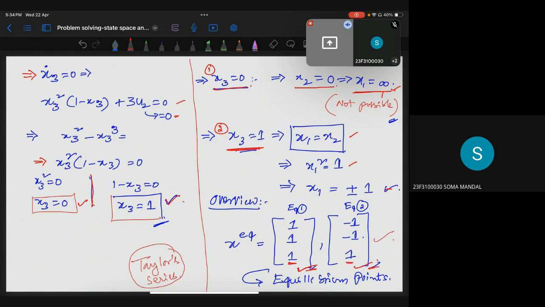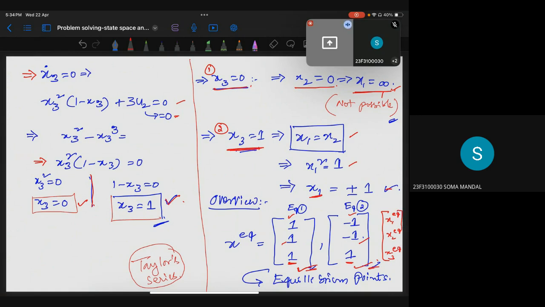When x3 is equal to 1, you're getting two values for x1, plus 1 and minus 1. So plus 1 in one case, minus 1 in the other. In both cases, x2 is 1 and minus 1. Okay, these two are the equilibrium points, nothing but x1 equilibrium, x2 equilibrium, x3 equilibrium.